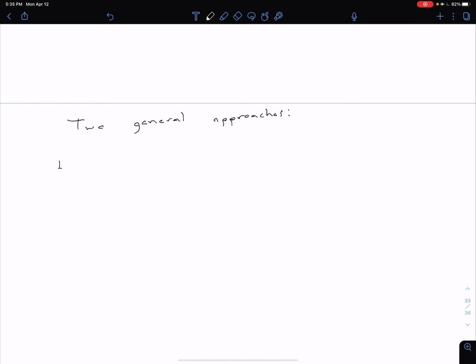Our first general approach is to combine our PD and PI, so those are ideal derivative and ideal integrator controllers. What that's going to give us is our PID controller.